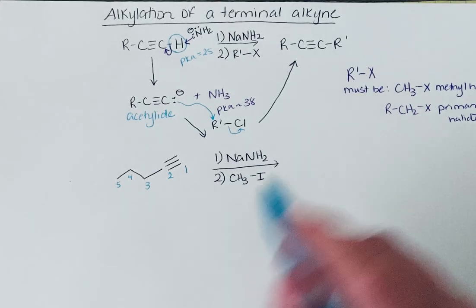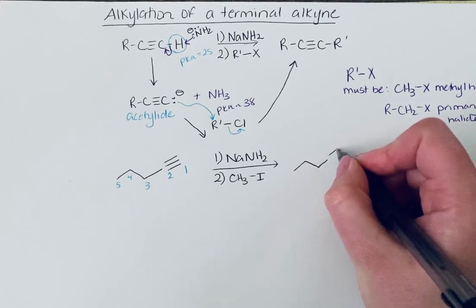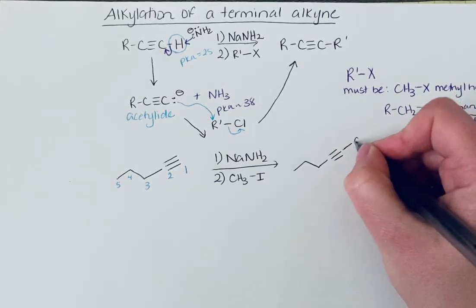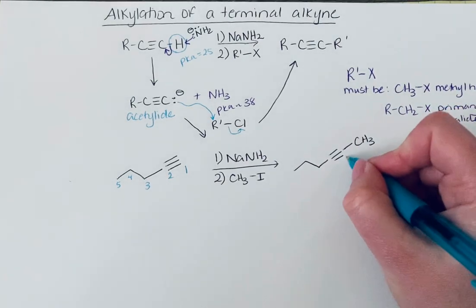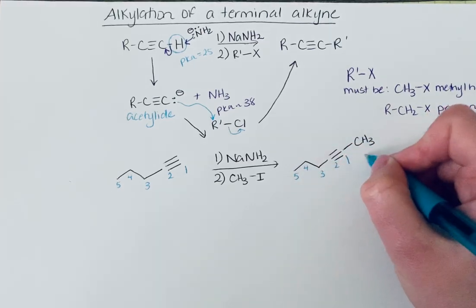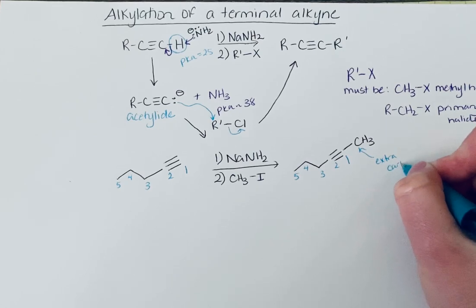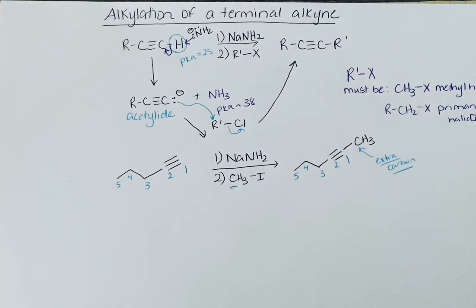And so the product of this reaction would have the 5 carbon atoms that we started with, plus a methyl group now added to that end carbon. And then we have an extra carbon. And that extra carbon came from the methyl iodide.